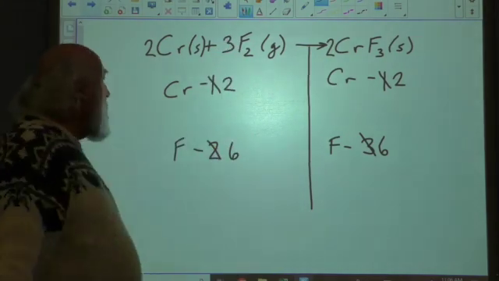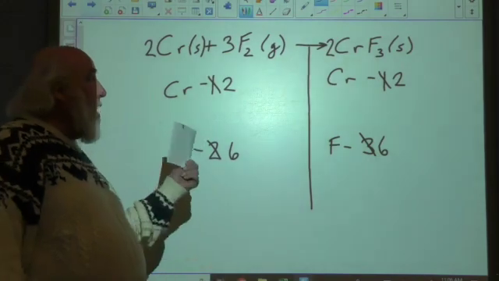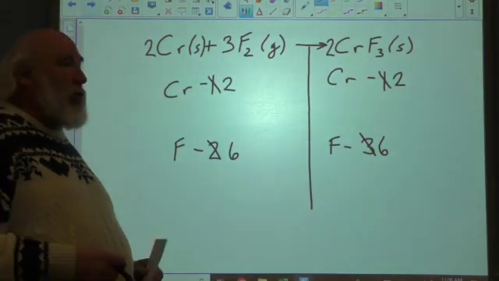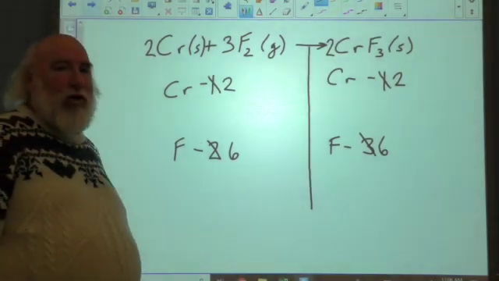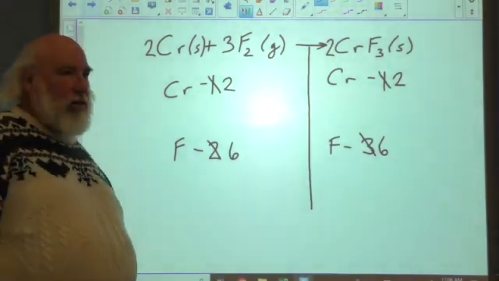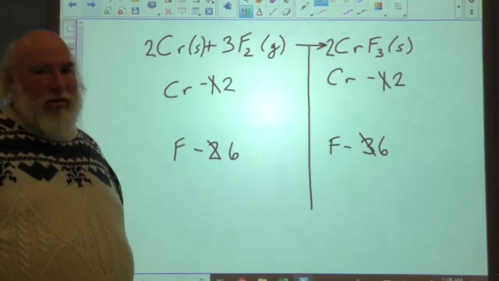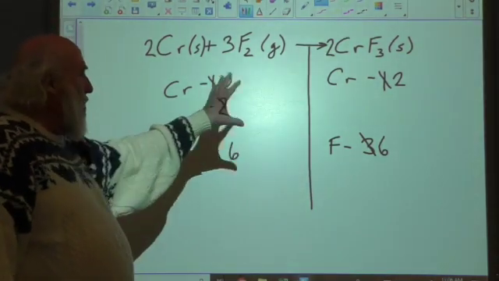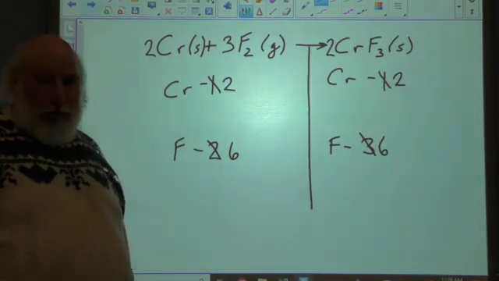And now I have a balanced equation where everything now has a coefficient. So this is the process that I want you to use for balanced equations throughout this chapter. And after this chapter, you can balance it any way you want. But you must show the line, you must show the elements, and how they were changed.